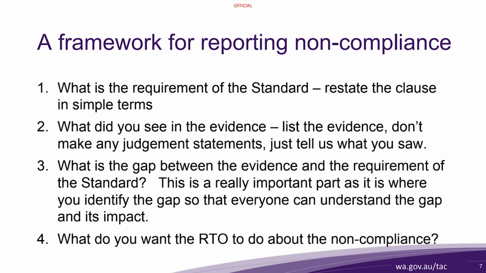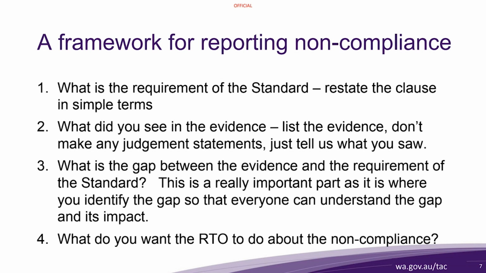And the fourth part of that is that you will say to the RTO what you want them to do about it. Now, in an external audit, we don't tell you what to do. We will say something very generic like, the RTO is to provide evidence to show compliance with this clause. So we don't tell you what you have to do.